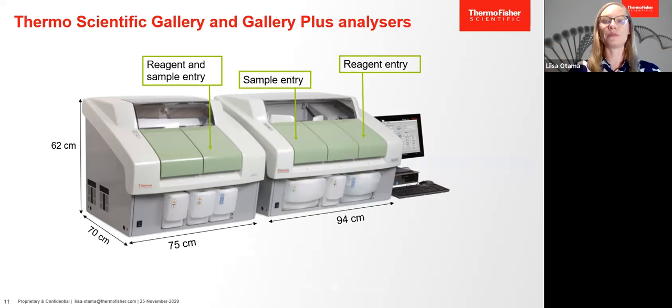The main difference is that on the Gallery Plus, we have a separate reagent compartment and sample compartment, whereas in the Gallery, these are combined. The throughput is also slightly different. With Gallery Plus, you can do roughly 350 samples per hour, whereas with Gallery, it's about 200. So there is a difference not only in capacity, but also in throughput.